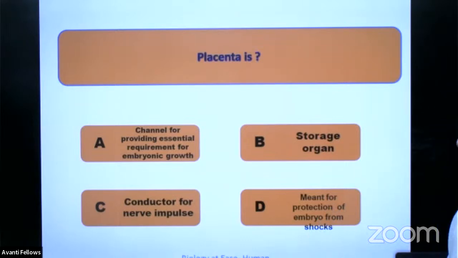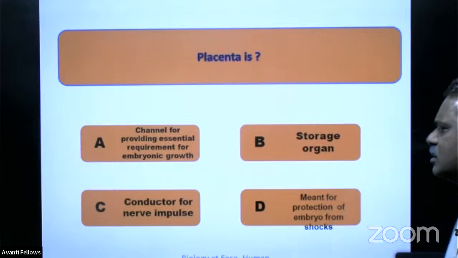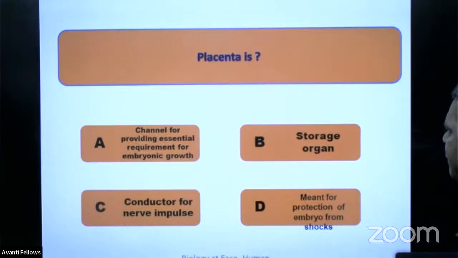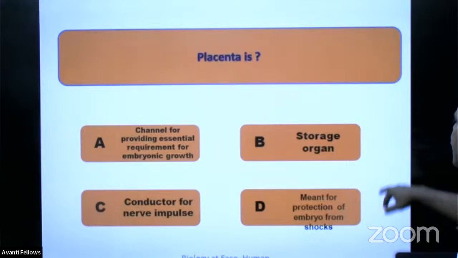These are the four options. The function of the placenta. Is it option A, B, C, or D? A is a channel for providing essential requirements for embryonic growth, and B is for the storage of organs, and C is for conducting the nerve impulses, and D is meant for the protection of the embryo from external shock or internal shock. Find out the correct answer from these options. Four options are given, A, B, C, and D.